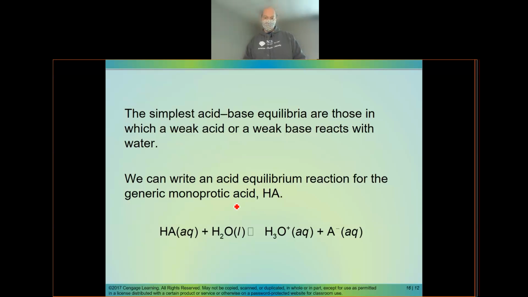All right, so we have a monoprotic acid. A monoprotic acid means it has one acidic hydrogen. So anytime I have a weak acid that is monoprotic, I am always going to write HA. I don't care what the A part is, if it's the acetate, if it's the fluorine. When it's HF, it's not that much easier to write, I might just write HF.